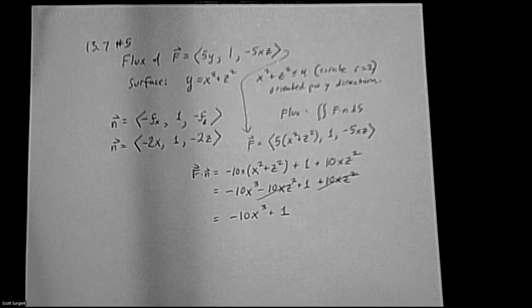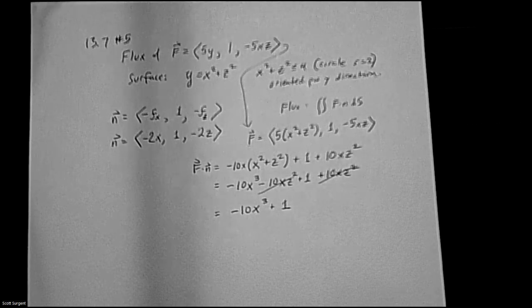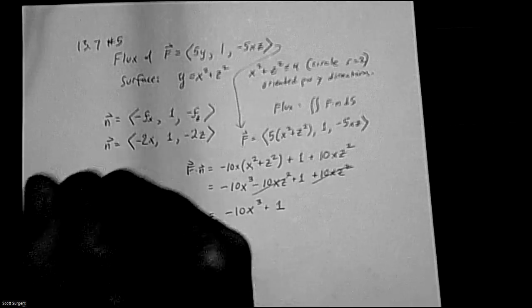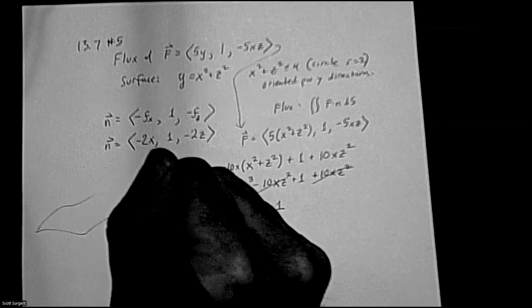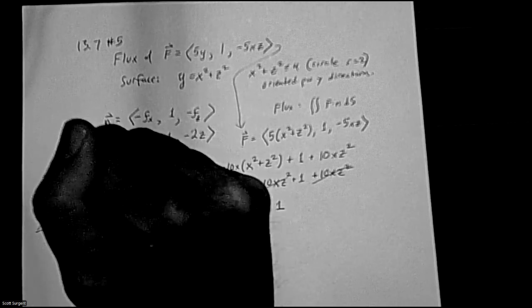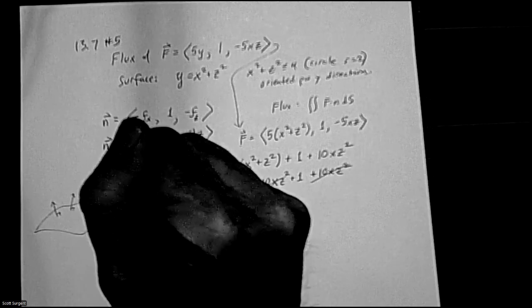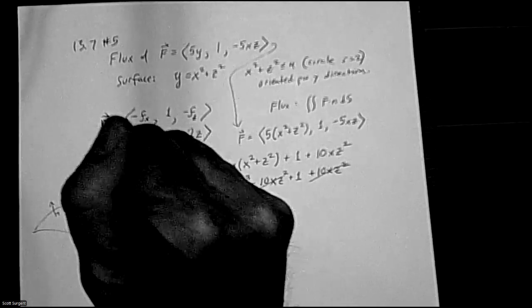So far so good? Do you see what we're doing here? The idea is that we have a surface, and you're supposed to find the n vectors that stick up orthogonally to that surface. They're always orthogonal.